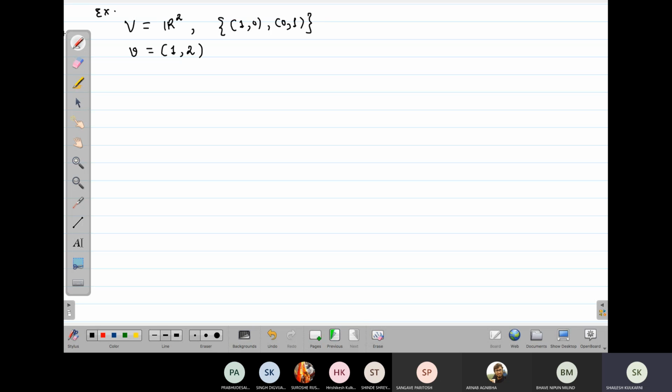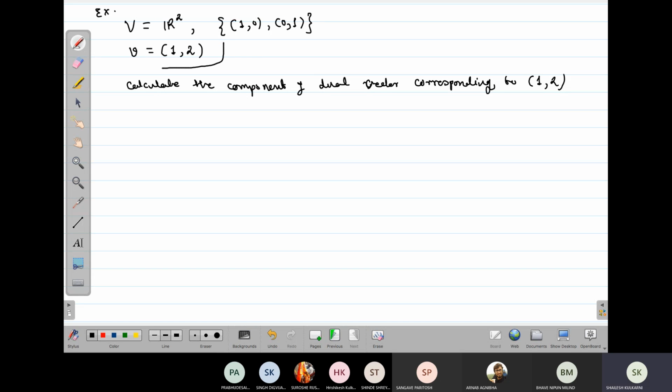So, exercise: calculate the components of the dual vector corresponding to (1,2), just to familiarize yourself with what will come in the calculation.